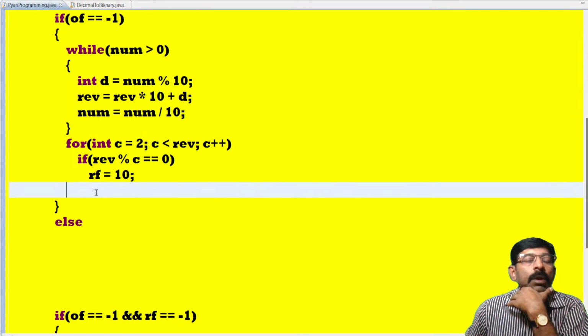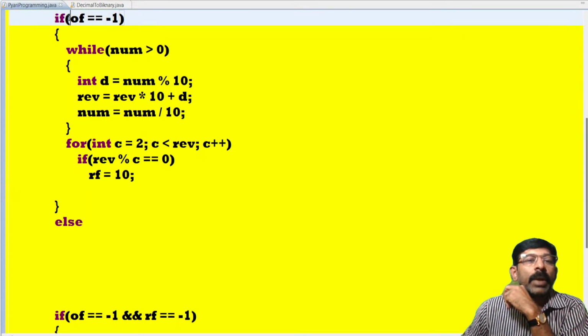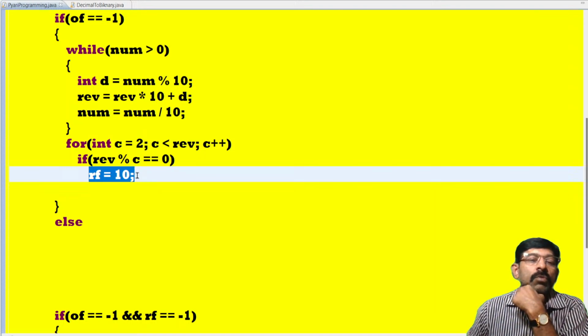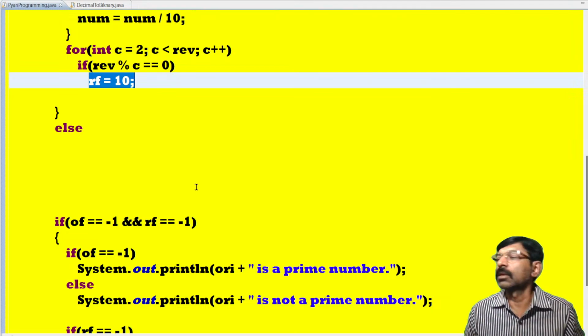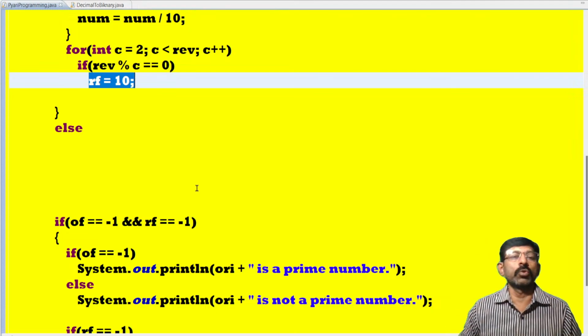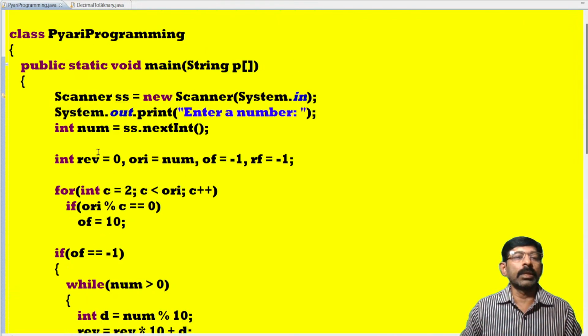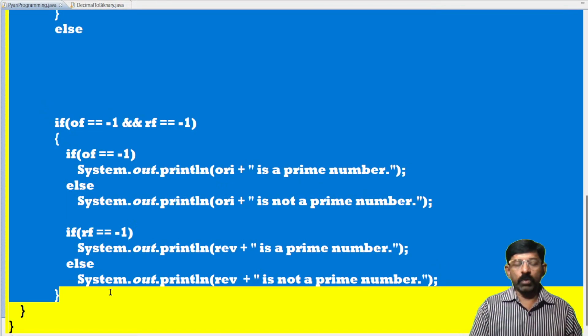Here you will display it is a twisted prime because both original and reverse are prime numbers. Else, the original number is prime and the reverse number is not prime, hence it is not a twisted prime number. For 10th class, you have to write like this because it is not purely 10th class. So that's why I'm not showing the complete code for 10th class. 9th class will get ambiguity out of it.